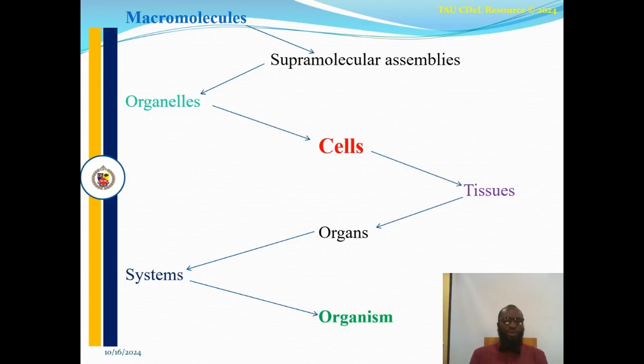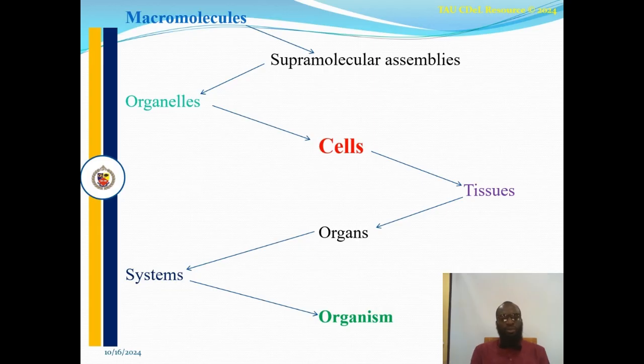There are so many elements found in the body. However, there are about 6 of them that are predominantly found in the body, like carbon, like hydrogen, like oxygen, and the rest. Now, these elements form compounds. A compound is a combination of 2 or more elements. These elements come together to form compounds.